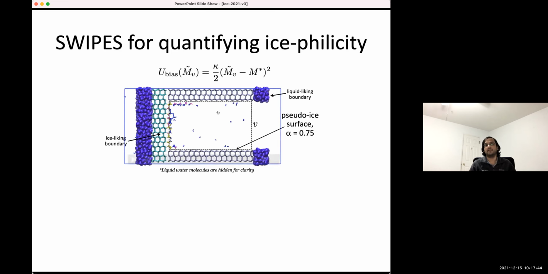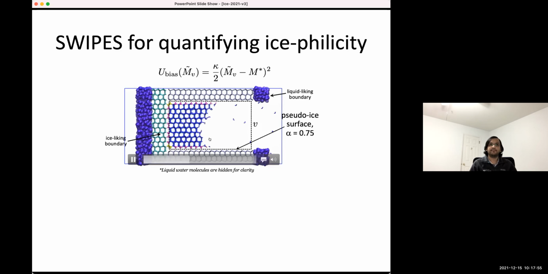So the collective variable is the number of ice-like waters that we observe in this volume V. When we turn on a potential of this sort, what we see is that ice starts to form, and more of the surface that we care about comes into contact with ice. There's a bunch of liquid waters everywhere, but they're hidden for the sake of clarity.